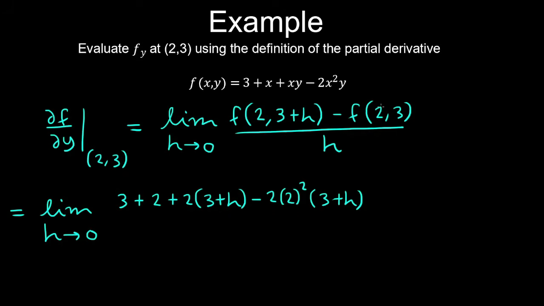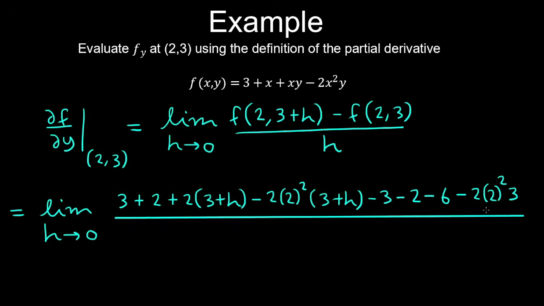And then we subtract the function evaluated at 2 and 3. So I have minus 3 minus 2 minus 2 by 3, which is 6, and minus 2 by x squared by y, on h.